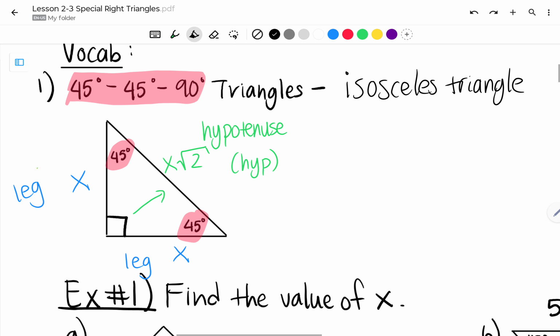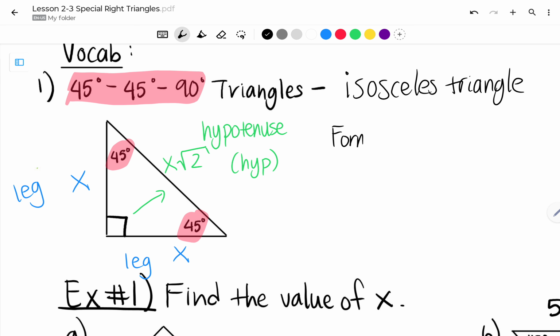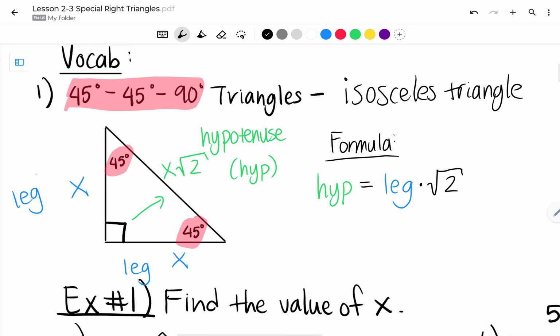Okay, so the formula that comes with this is the hypotenuse is always equal to whatever the leg is times square root 2. The hypotenuse is always equal to the leg times square root 2. Okay, so let's go ahead and use this in some problems here.